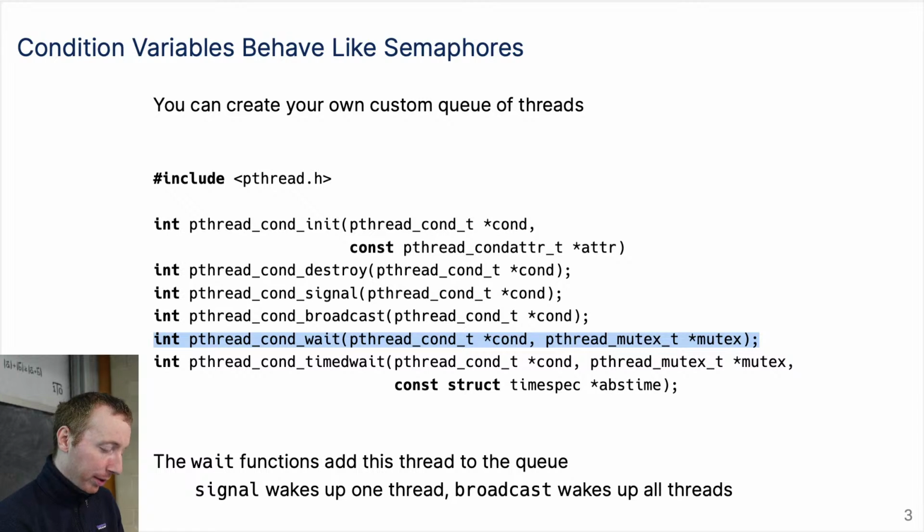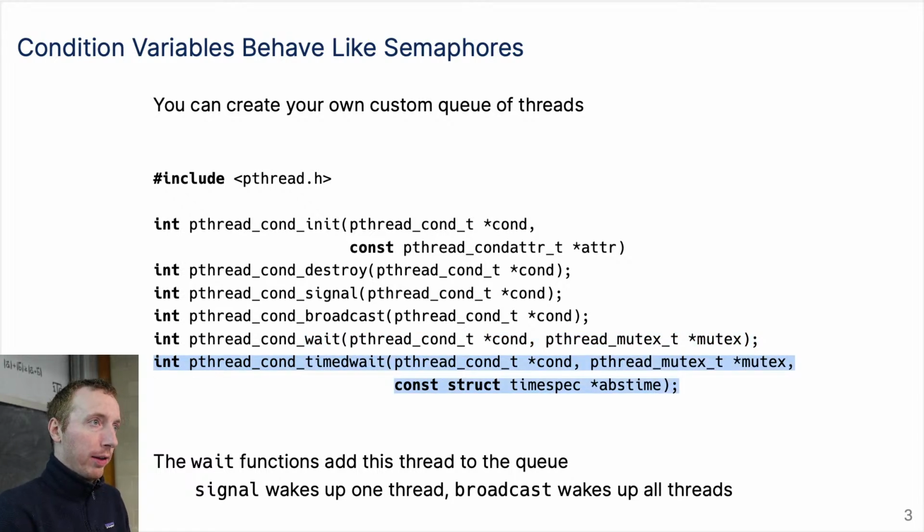And similarly to how there's a try wait or try lock, there's a non-blocking version called time wait that will just return after a certain timeout if it hasn't been woken up yet. But for the purposes of this, we'll just argue about wait and signal. Wait essentially adds this thread to the queue, and then signal wakes up exactly one thread that is sitting on the queue, and broadcast wakes up everything.